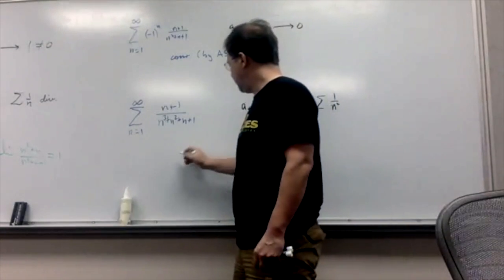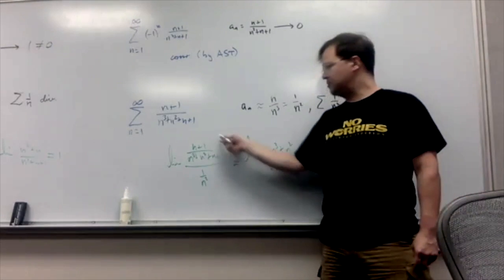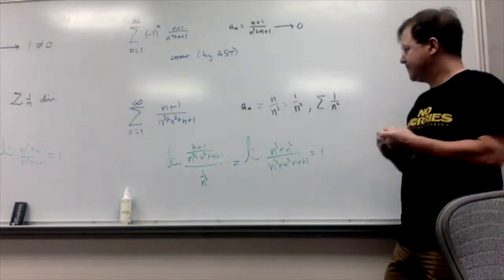So since the limit of n plus 1 over n cubed plus n squared plus n plus 1, I think it's a good idea to compare it to that. And if you do the algebra, it's going to end up looking like n cubed plus n squared all over n cubed plus n squared plus n plus 1, and that's 1. So again, because I know this converges, then this one must do the same thing.